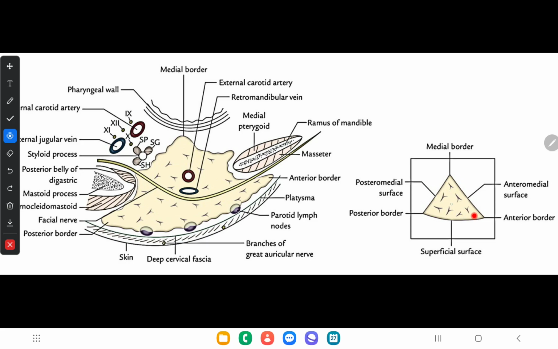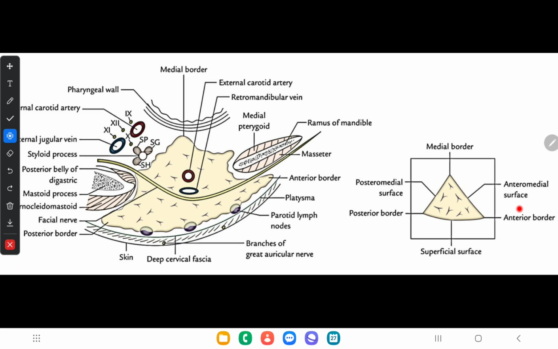So there is a superior surface or the surface of the base. You cannot see that surface here. So there are altogether four surfaces: superior surface or base, then the superficial surface or the lateral surface, then the posteromedial surface, and the anteromedial surface.